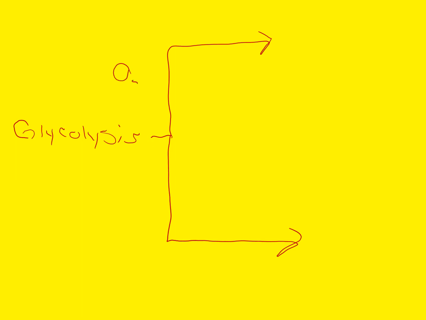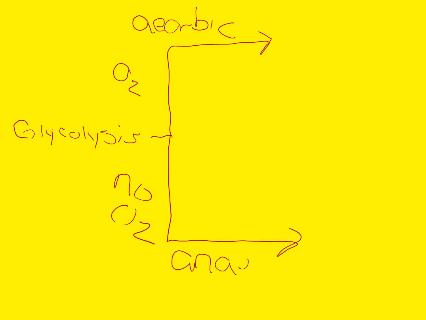If we have oxygen, we're going to do aerobic respiration. If there's no oxygen, we're going to do anaerobic respiration. I know my handwriting is really bad on this. But no matter what, glycolysis always happens first. And glycolysis is the breaking down of sugar.